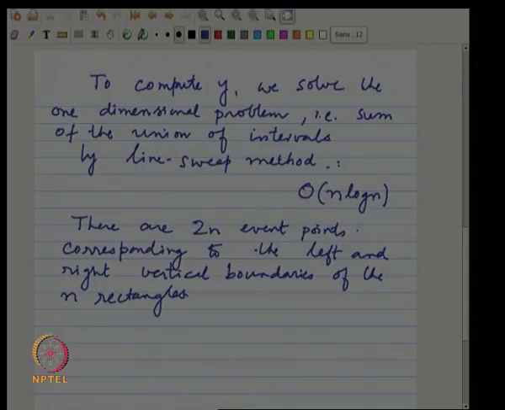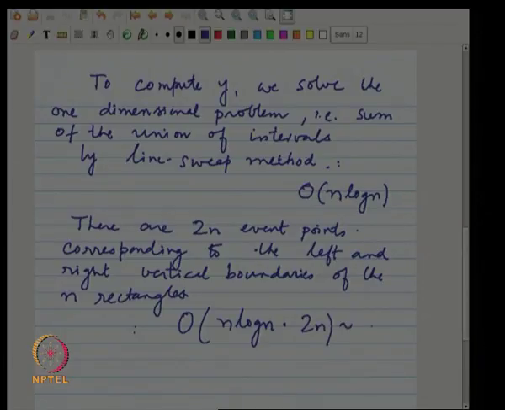So at every event point, if you do it naively, in the straightforward way that we just did, that is n log n, since at every event point we may have to update this essentially. So you get order n log n times 2n.